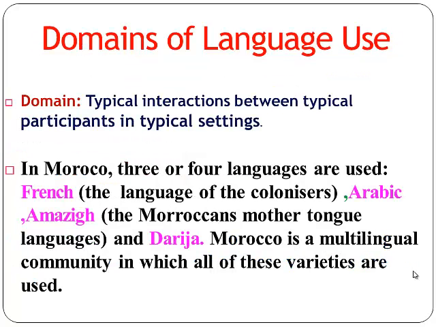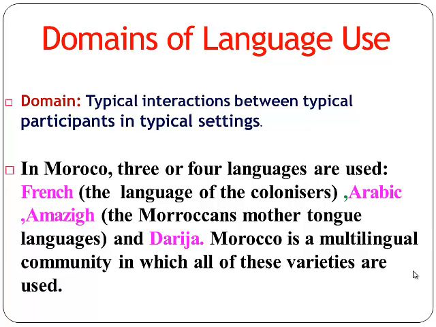Finally, we have the domains of language use. What is a domain? A domain is a typical interaction between typical participants in a typical setting. For example, in Morocco, 3 or 4 languages are used.